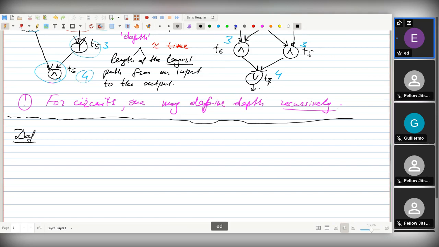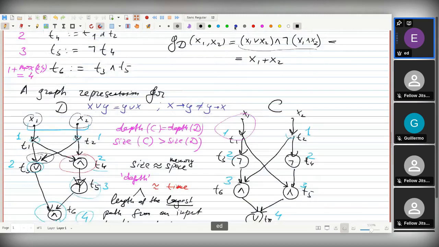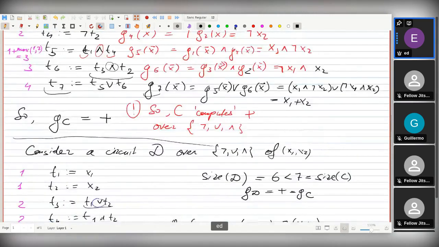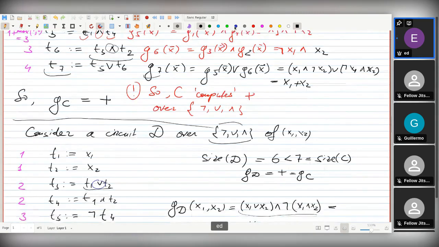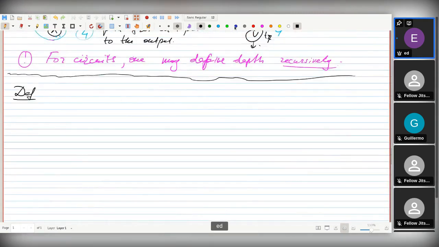So now we have some means of expressing one function via other functions. Every circuit over this set expresses the function it corresponds to in terms of these basic functions. Okay, and this motivates the following definition.